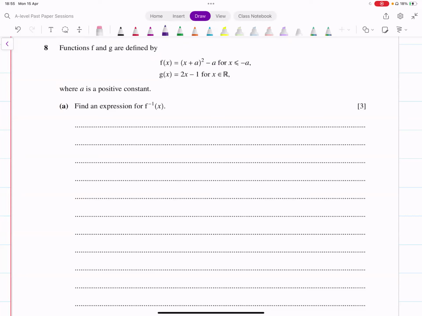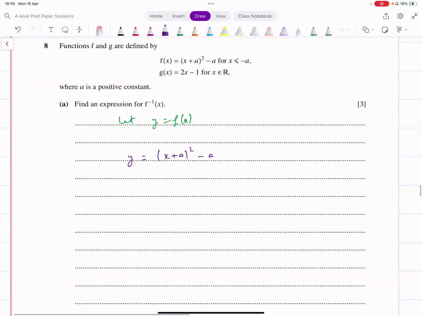You start by assuming f of x equal to y. Let's see what that gives us. y equals x plus a whole squared minus a. Okay. Now, what do we get from this? We need to make x the subject now, right? So it becomes y plus a equal to x plus a whole squared.